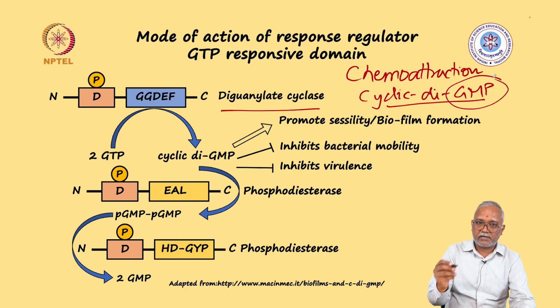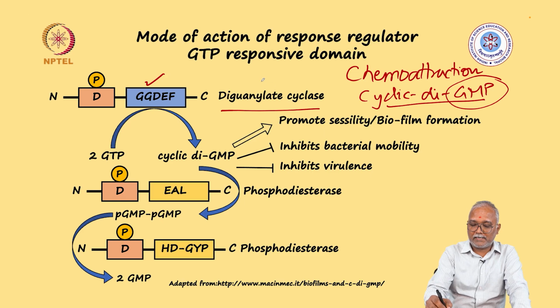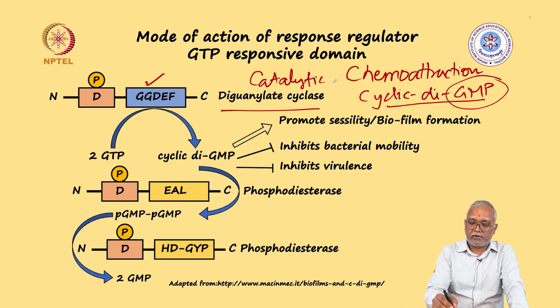So the response regulator in this case will have an additional domain which is called the GGDEF motif containing domain, and this motif containing domain has a catalytic activity which is referred to as diguanylate cyclase activity, which means that they make a linear nucleotide into a cyclic nucleotide, and that is why they will generate cyclic di-GMP.